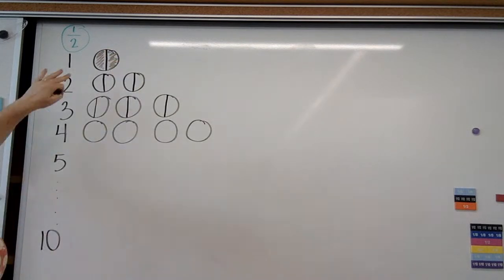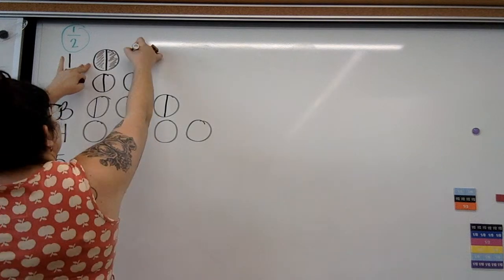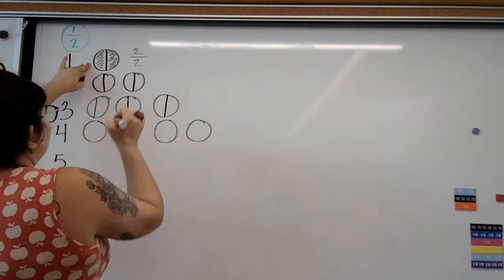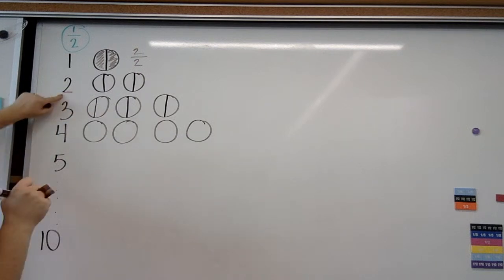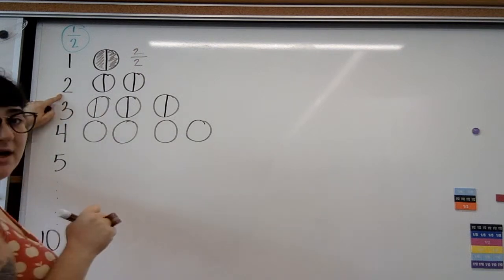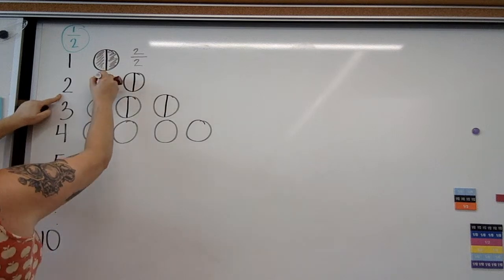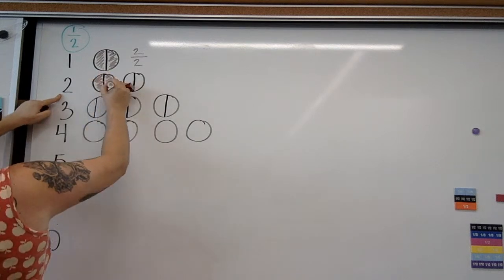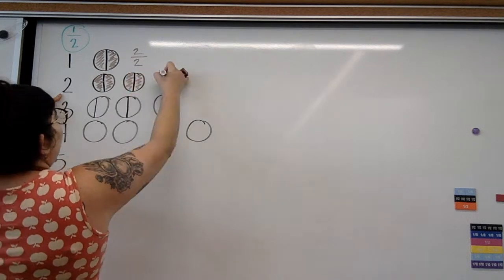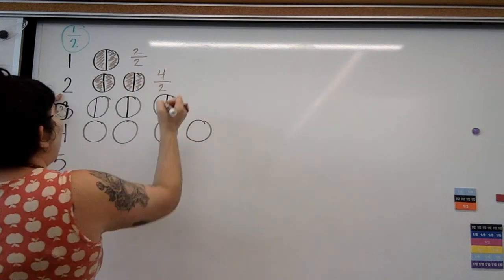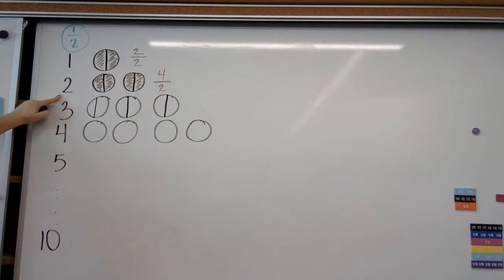And so within 1, we have 2 halves. If we have 2, and we want to figure out how many halves are in here, well, let's count. We have 1/2, 2 halves, 3 halves, and 4 halves. Keep going with me.